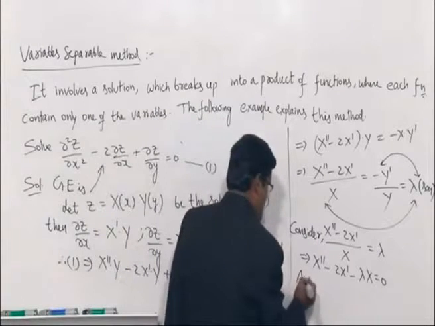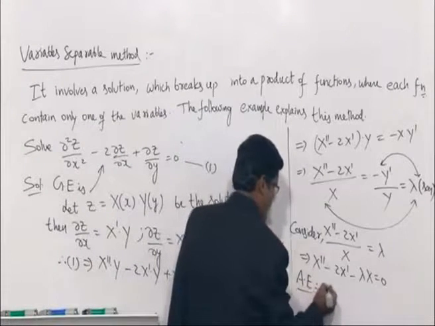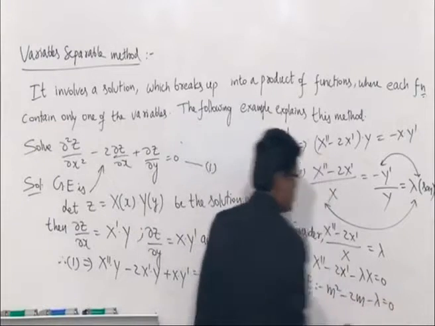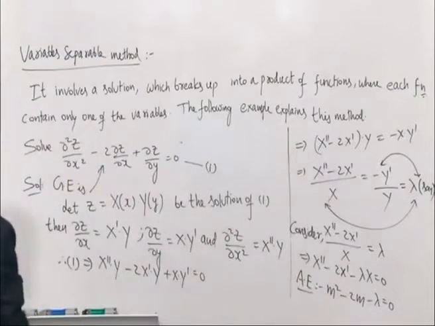So what is the auxiliary equation? m square minus 2m minus lambda is equal to 0. You know how to find the roots.